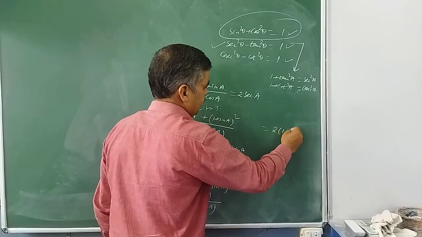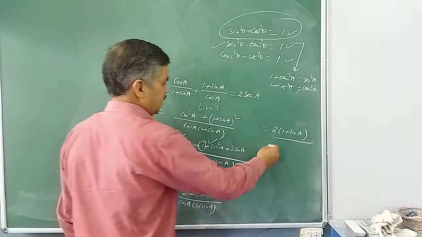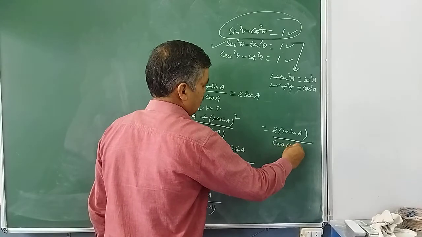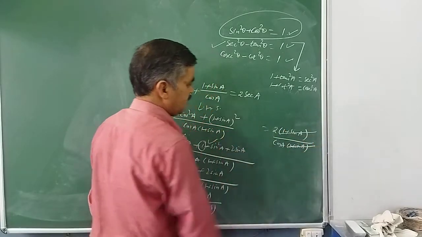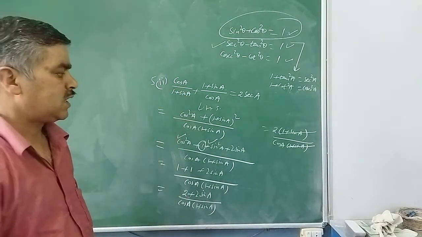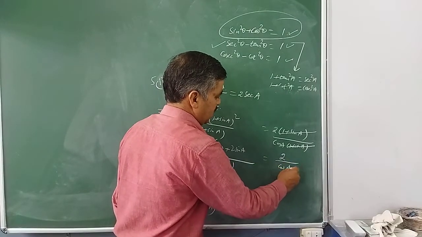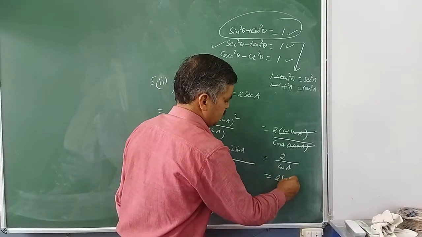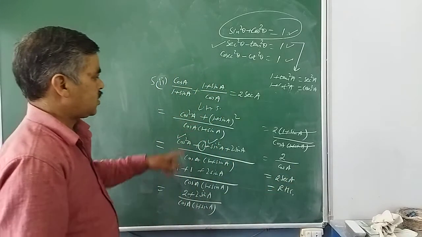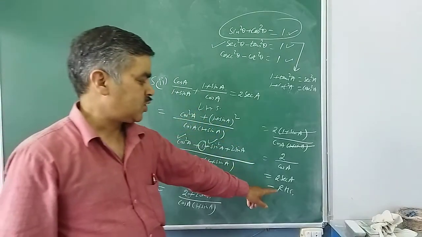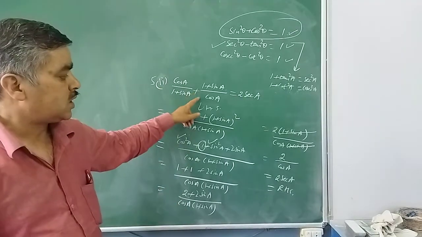So inside the bracket I will be left with 1 plus sin A upon cos A into 1 plus sin A. So here again you can cancel 1 plus sin A with 1 plus sin A. You are left with 2 upon cos A, which is equal to 2 sec A, and that is your right hand side. So I started with left hand side and I am finishing at right hand side. So this will be the answer for your second part.